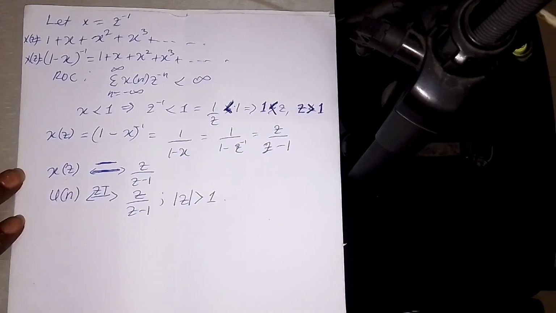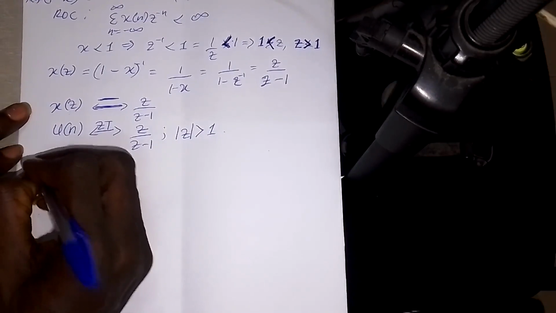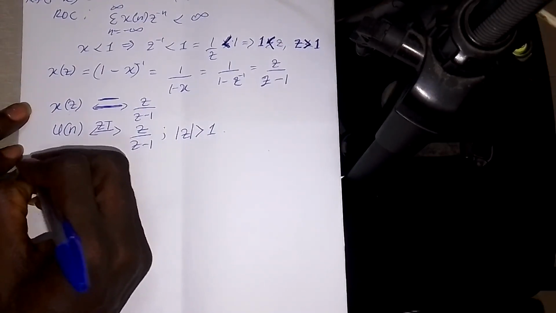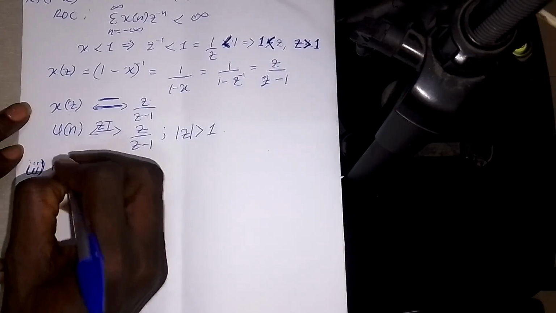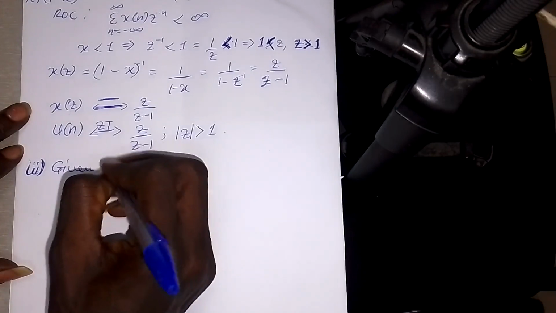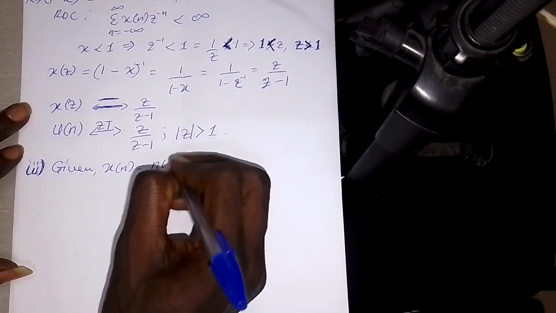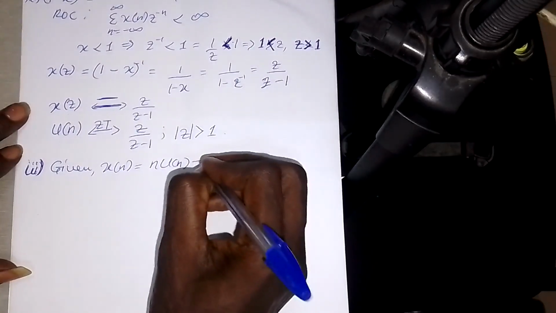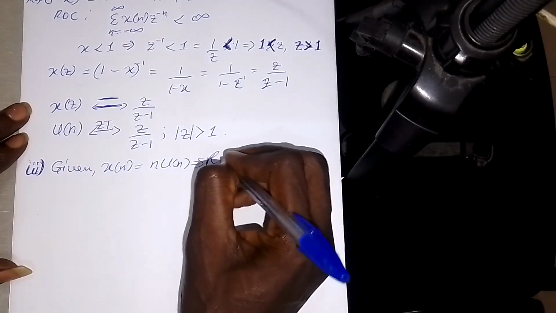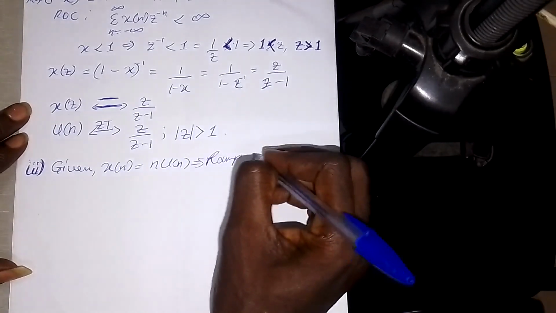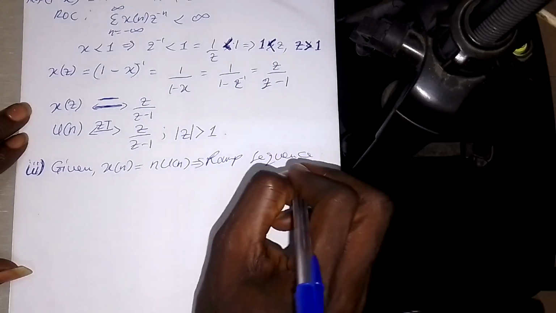Now let's go to the next one, the third one. So the third one, we are giving x of n equals n u of n.